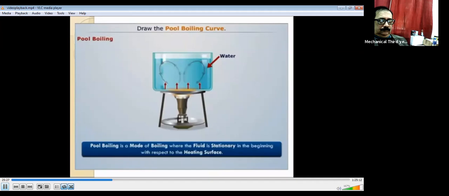Then bubble formation takes place. And after some time the water gets boiled. This process is a pool boiling process.